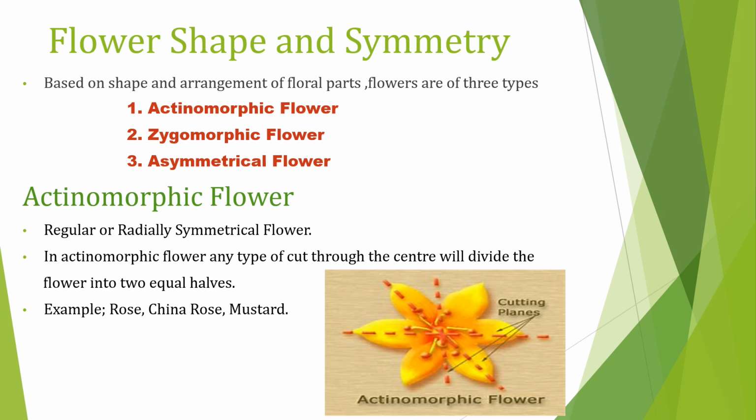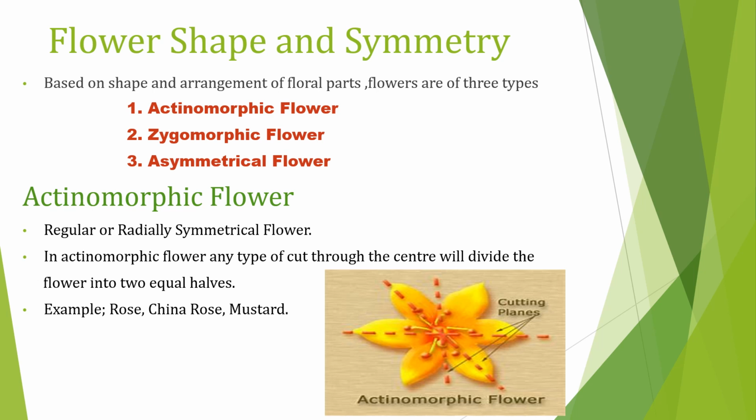Based on the shape and the arrangement of the floral parts, the flowers are categorized into three basic types. They are actinomorphic flowers, zygomorphic flower and asymmetrical flower. Actinomorphic flowers are also called as regular or radially symmetrical flowers.